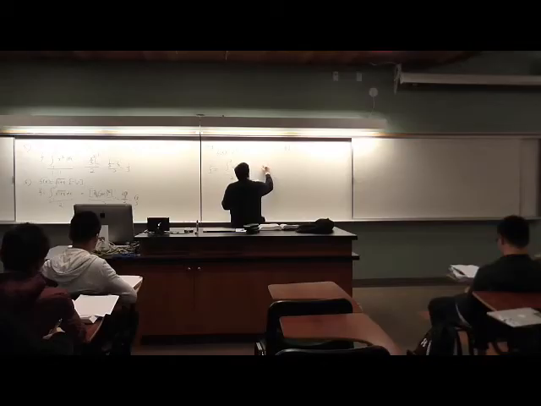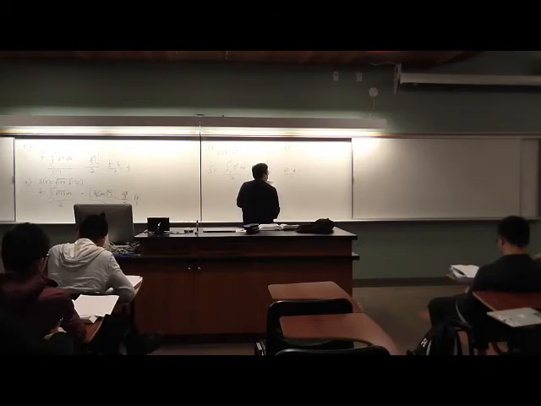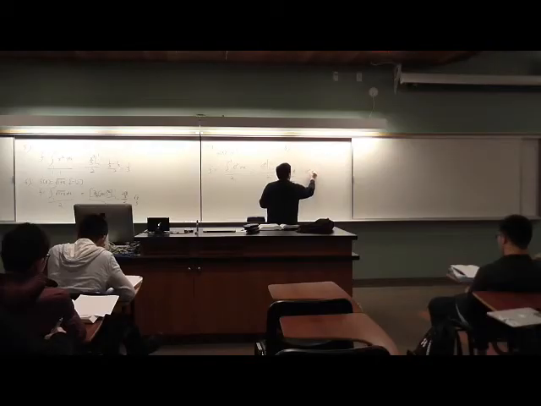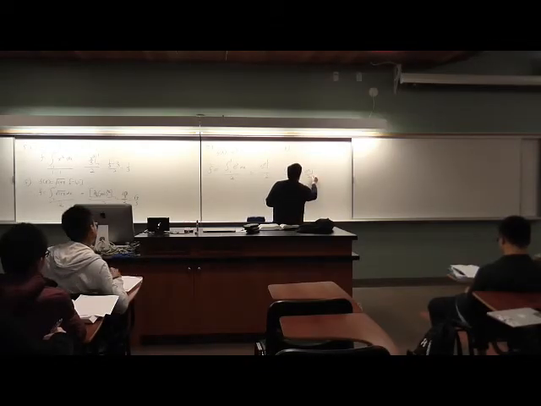So that's just e to the x between minus 1 and 1 over 2. That's just going to be e minus e to the minus 1, which is 1 over e, over 2. That's like e squared minus 1 over 2e.